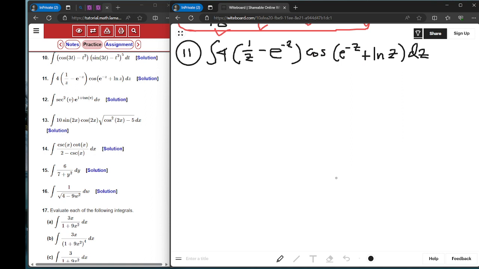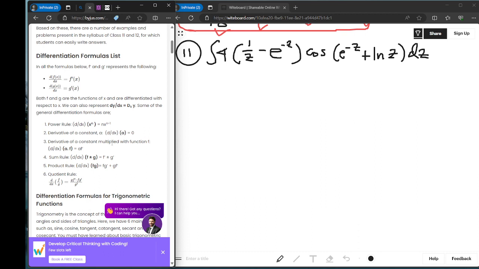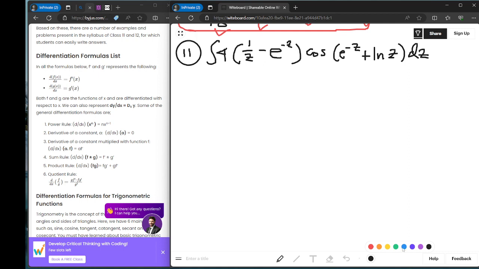What is this? Okay, let's go first to the integration or differentiation formulas. Let's check if there is a derivative of 1 over z and also ln of z, because I believe the derivative and the integral of e to the z is just e to the z. So it would just depend on whether we have a negative sign here.